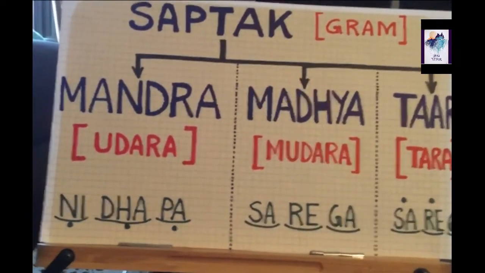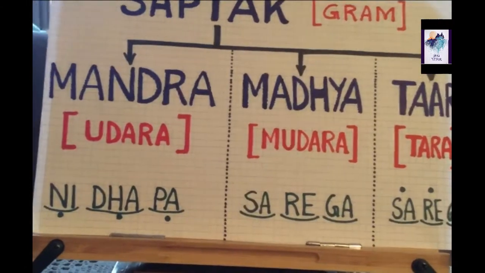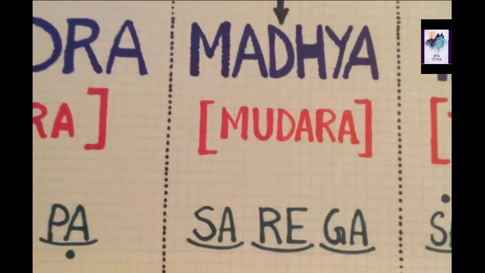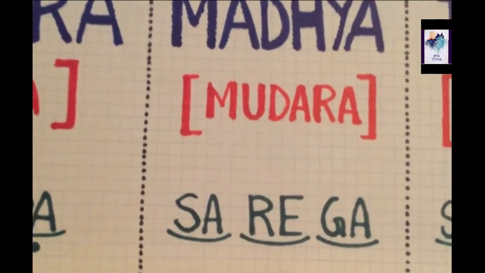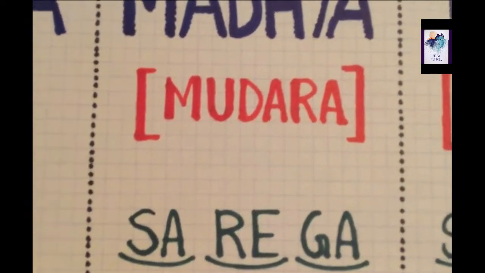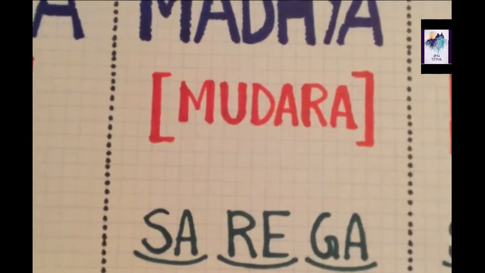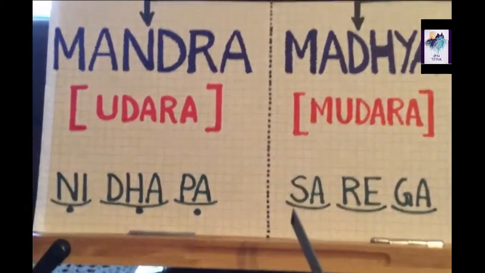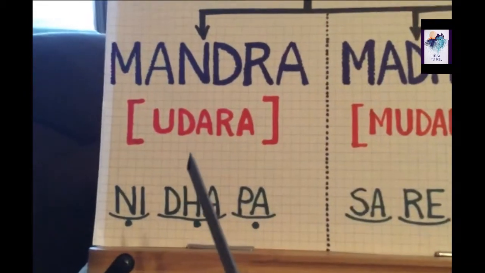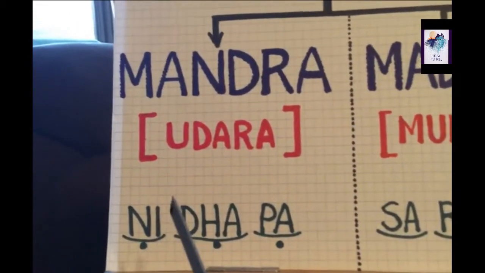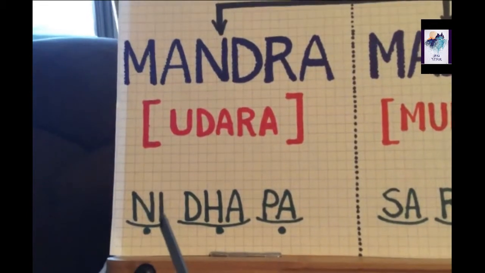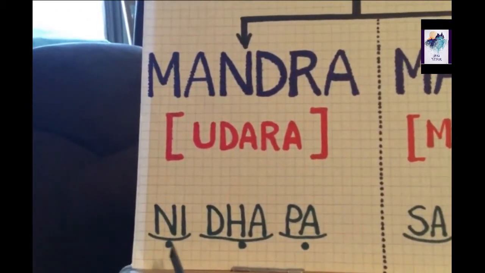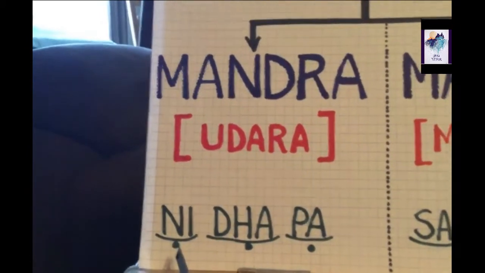Madhya Saptak has no sign. Just see. In Madhya Saptak, sa, re, ga, three notes are written which have no sign. Just sa, just re and just ga. But Mandra, Udara, which is the first octave, means lower octave, has a sign. See the sign, a dot under the note.